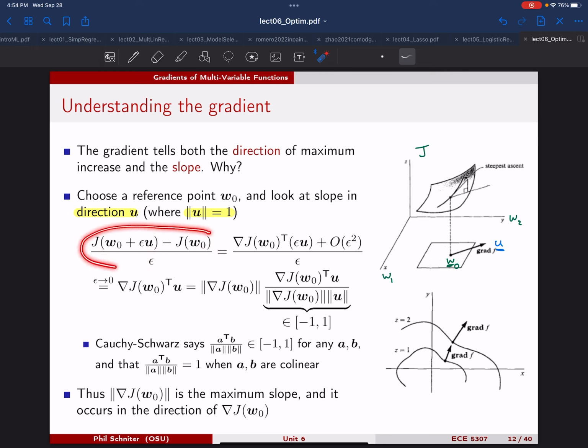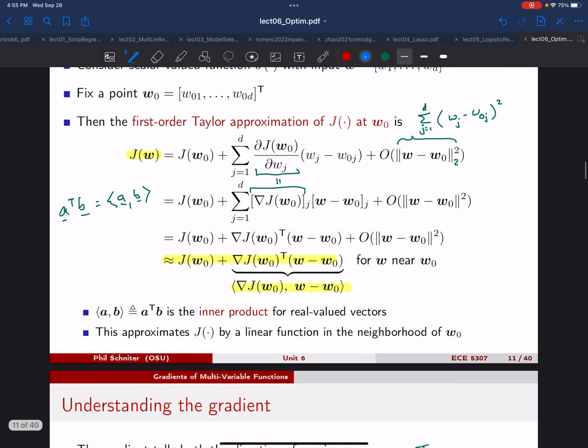So let's do some analysis of this function based on our gradient approximations. The first thing is, let's take a look at this. This is our W. We want to know what happens at this point W. And W is, in this case, W naught plus epsilon U. So that would mean that W minus W naught is just epsilon U. And the reason I care about W minus W naught is that that's the main thing over here.